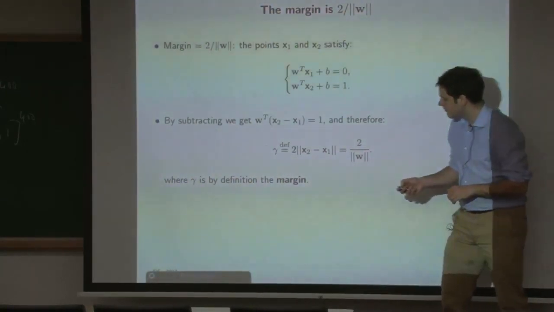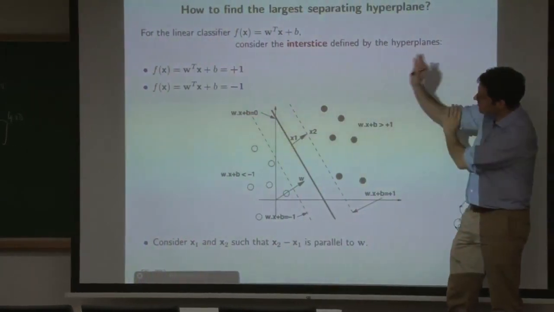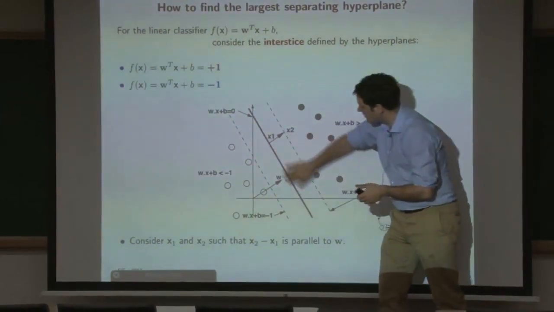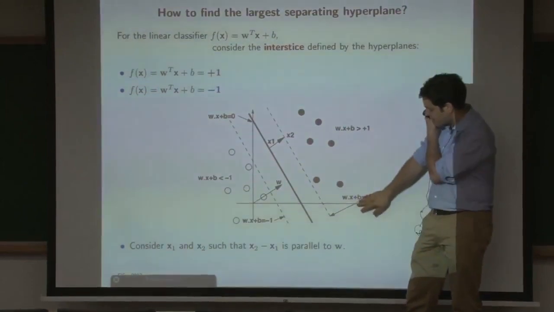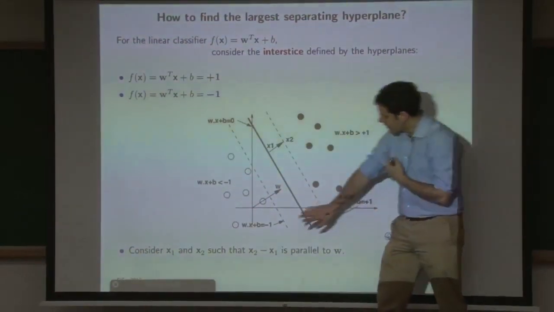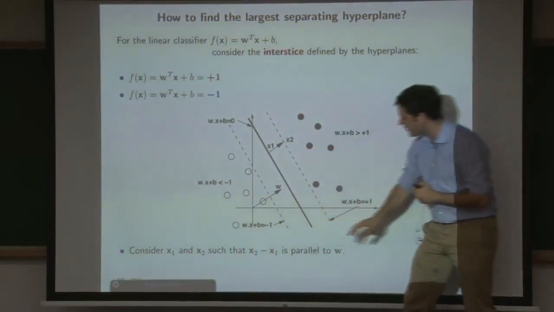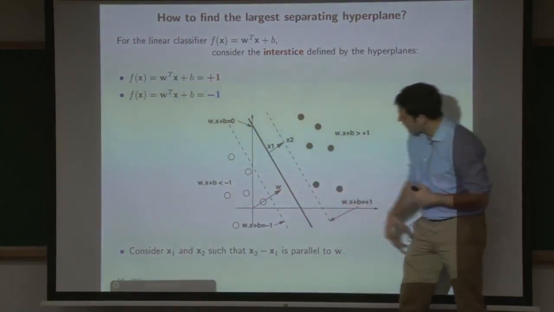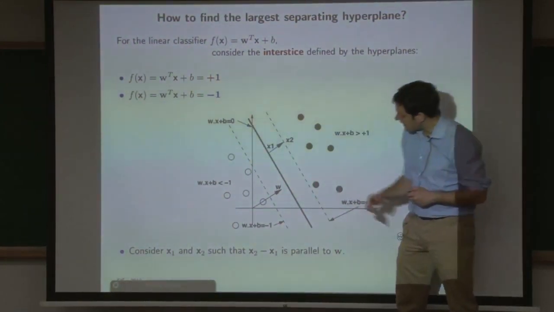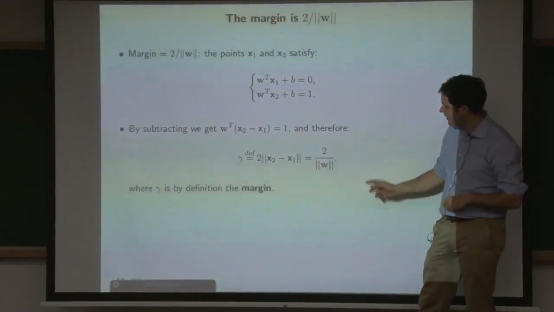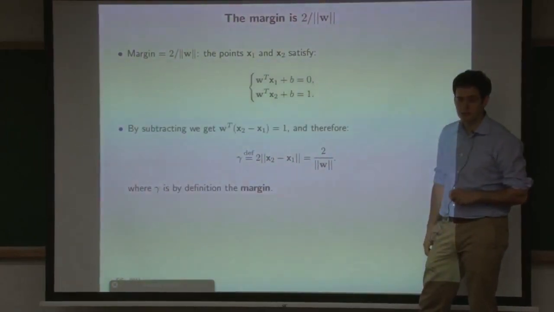So if you define your hyperplane as this, and you define the tube explicitly as w transpose x plus b equals 1 and w transpose x plus b equals minus 1, you know that the width of that tube is exactly 2 divided by the norm of w.